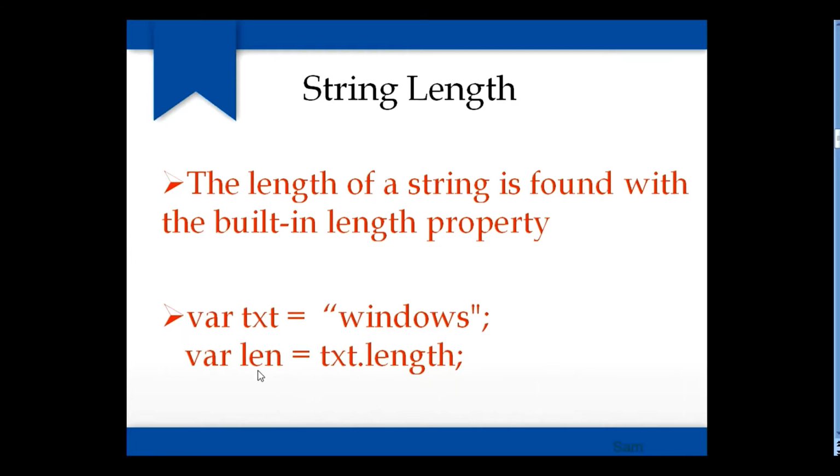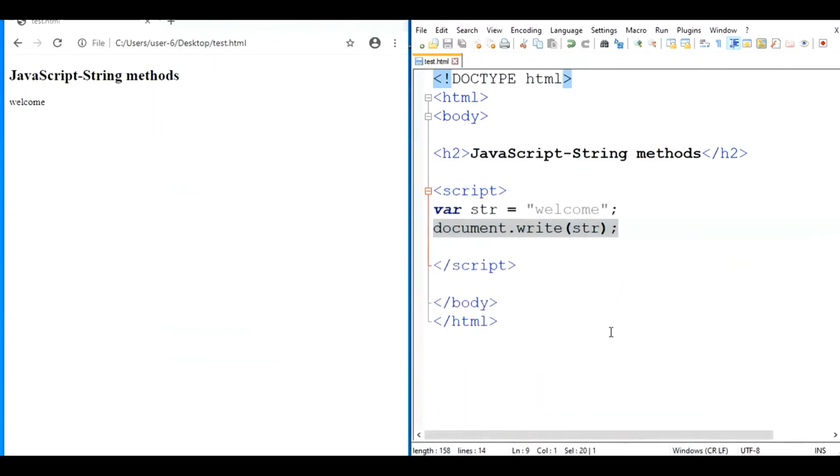Now you can print this len. We'll see one example. Save this. Now you can see 7.